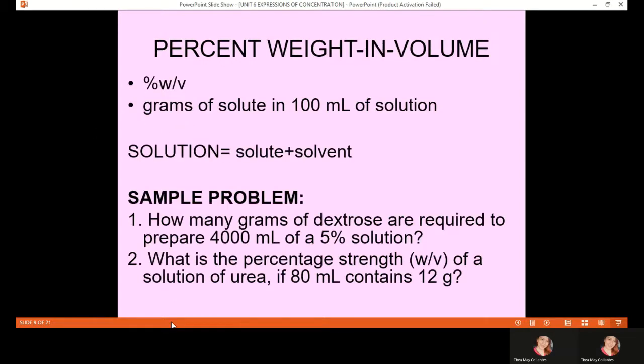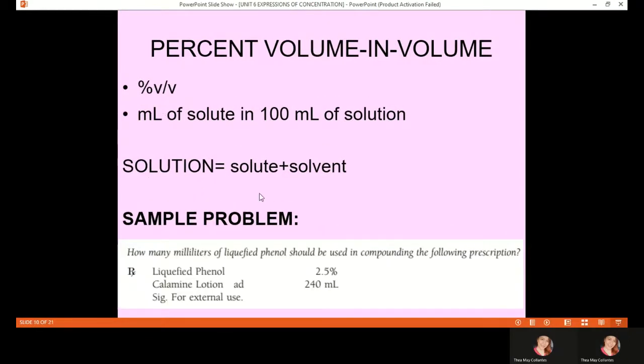What we are going to do is solve for percent weight in volume. Guys, it's just easy. Always take note that whenever you solve for this, your solute must be in grams and your solvent must be in ml. Always remember, guys, that when we talk about a solution, it is always about the solute and the solvent.